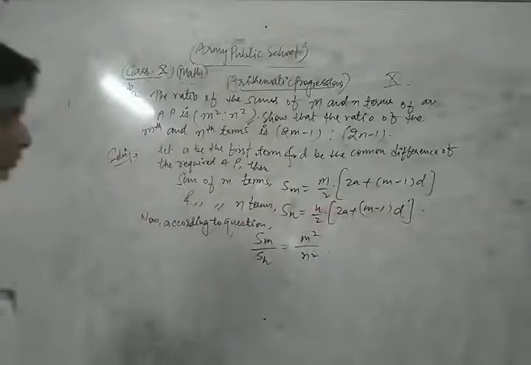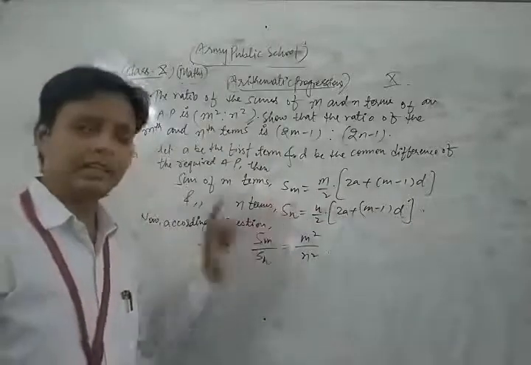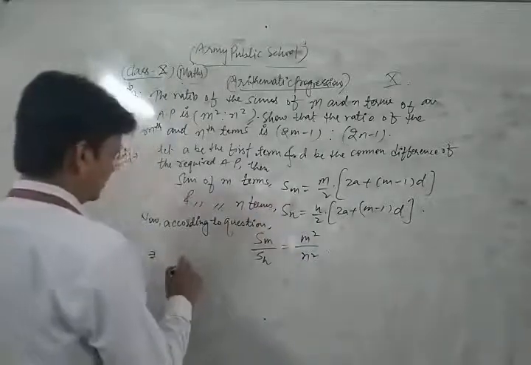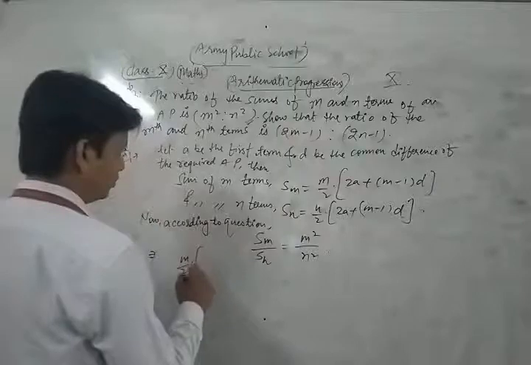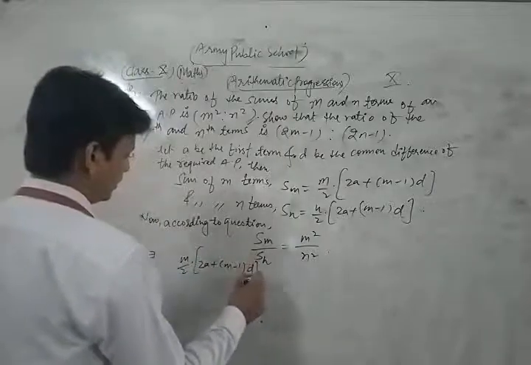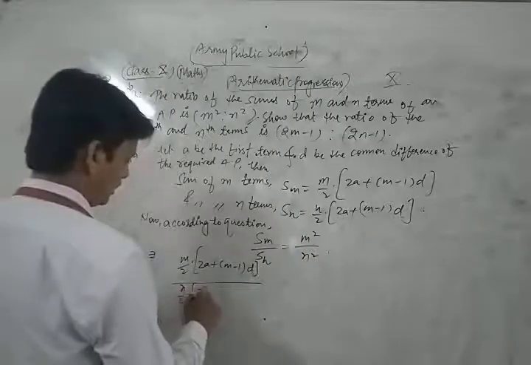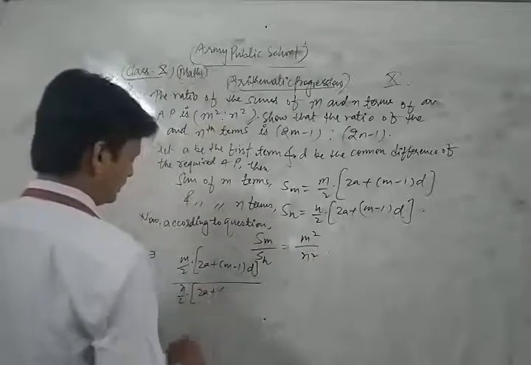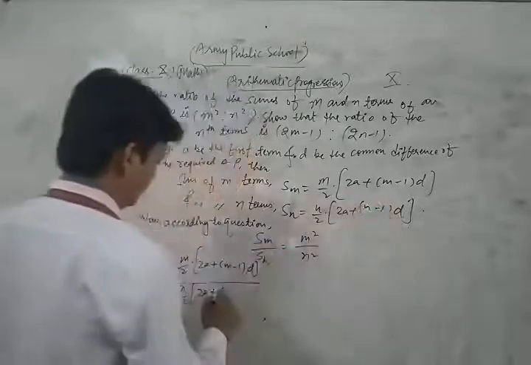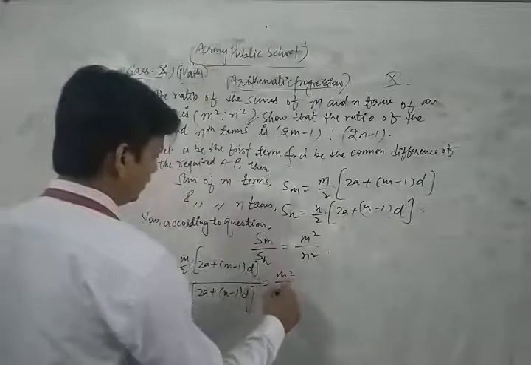Now we put the values of Sm and Sn in this formula. So here we get m by 2 in bracket 2a plus (m minus 1) into d upon n by 2 in bracket 2a plus (n minus 1) into d is equal to m square upon n square.